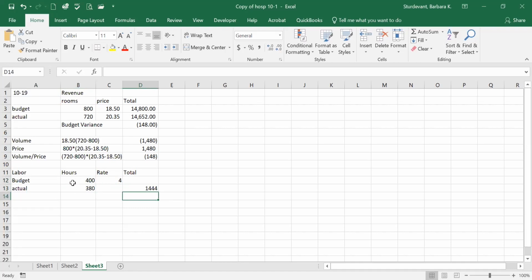So if they were budgeted for 400 hours at $4 an hour, our total budget would be found just by simply multiplying those two and getting $1,600. Okay. So we look pretty good, right? We are under budget. $156 under budget. So we're singing. We're thinking we're doing a great job.